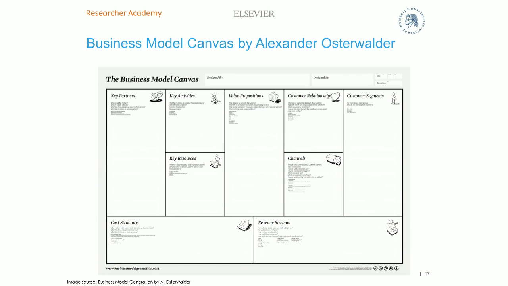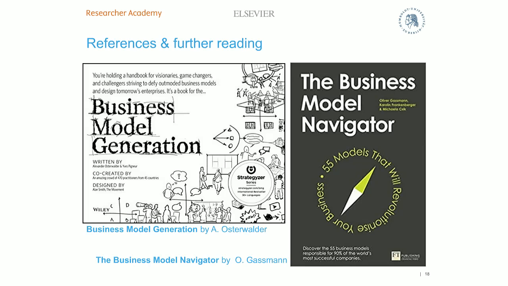The business model canvas and its use in business development is very well described in the book by Alexander Osterwalder, Business Model Generation. I would highly recommend this. In the book you also find some web resources.